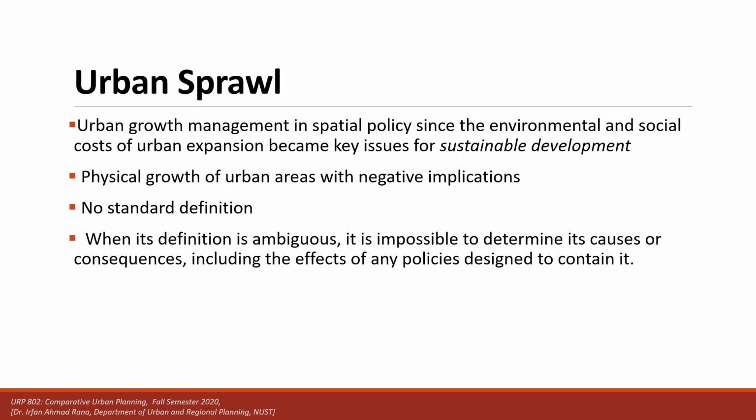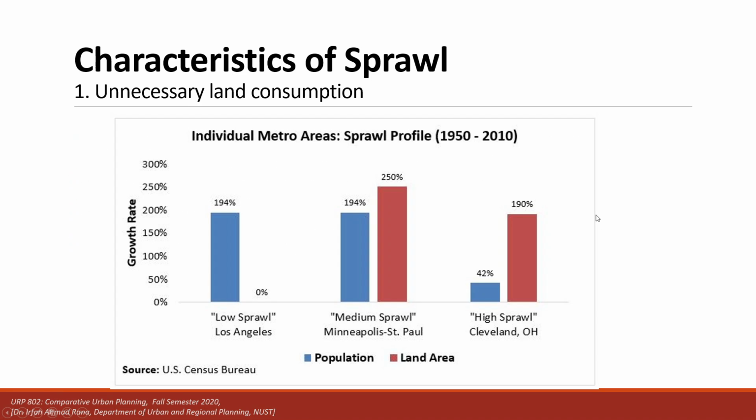So, to understand the causes, the consequences, and the policy implications related to sprawl, it is important to find an insight about urban sprawl and then construct sustainable cities and communities over the long term.